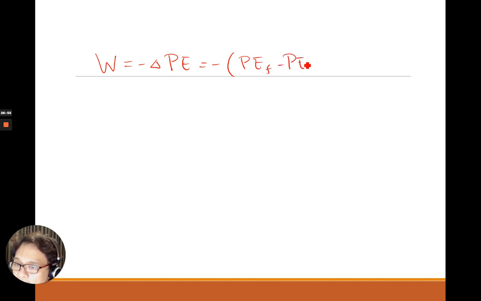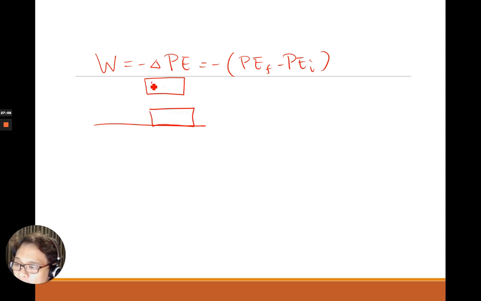Now, what if we have a different situation? So, di ba, ito ang ating formula, no? Negative delta PE. And we say that delta, the change is PE final minus PE initial. Now, initially, paano kung ang unang position is here, tapos binaba mo? What happens?